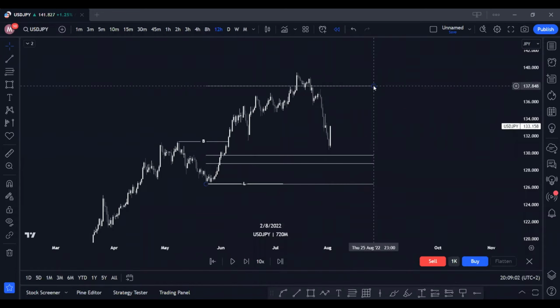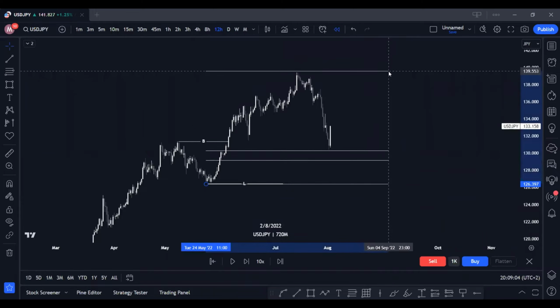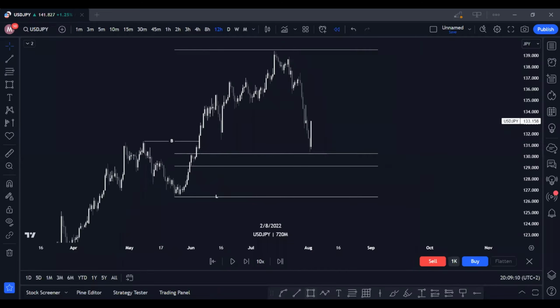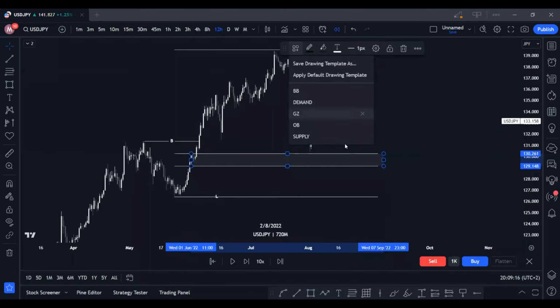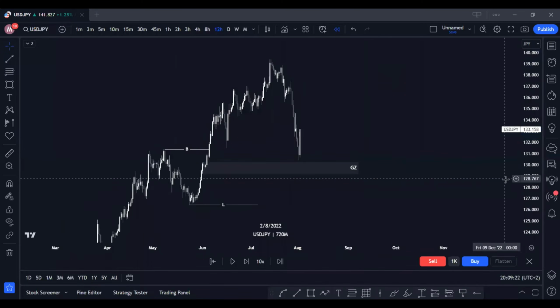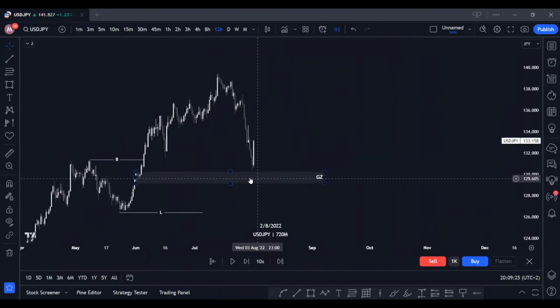We have our golden zone level here. We're placing our golden zone level from our low to our high, and we mark off our area here as the area where we're going to be taking our entries. So it's going to be our golden zone area. And as you can see, the price just turned right above our golden zone area.